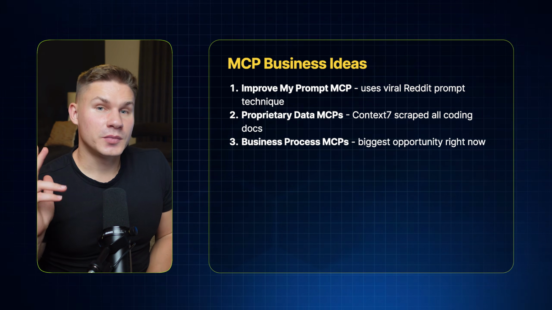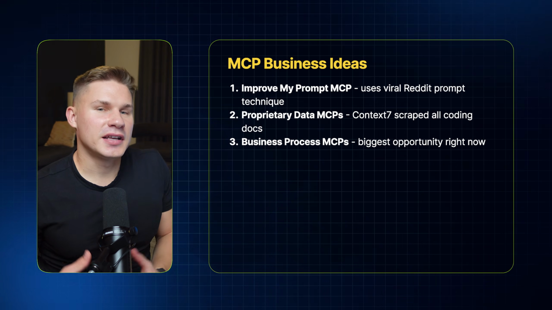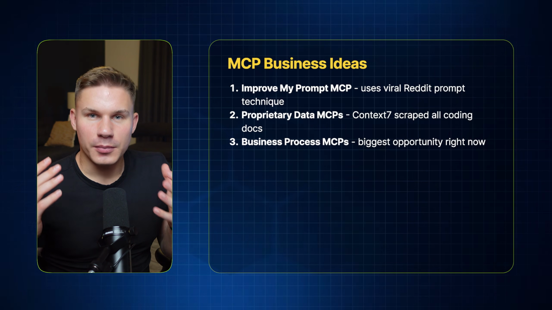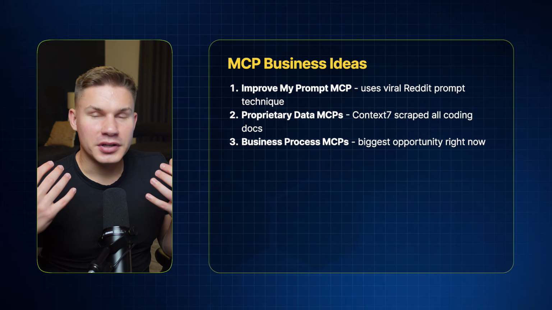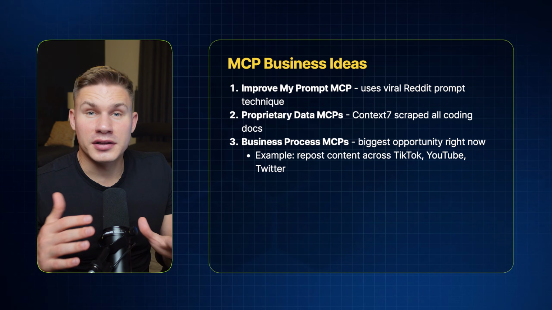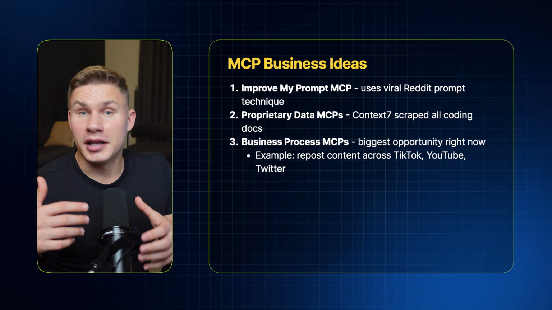Number three, business process MCPs. So these, I think, are actually the biggest opportunity right now. It's MCP servers that are aimed to automate a specific business process. For example, you can build an MCP server that allows the agent to repost certain content across all social media platforms like TikTok, YouTube, and Twitter.